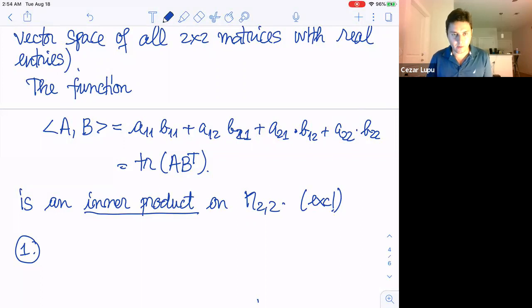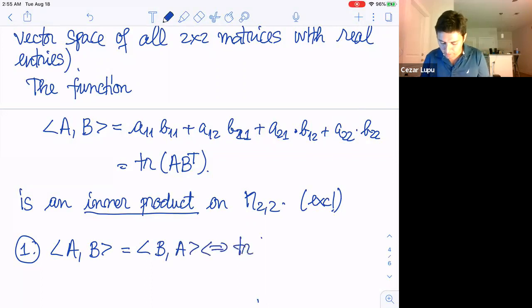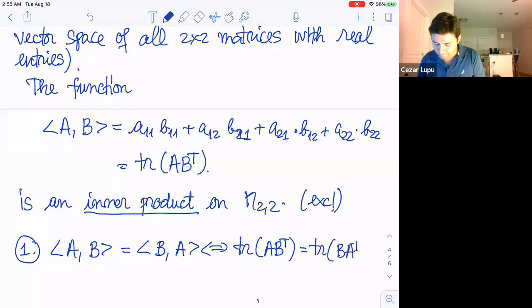As you may know, this will be equivalent with the trace of AB transpose being the same as the trace of BA transpose, right?